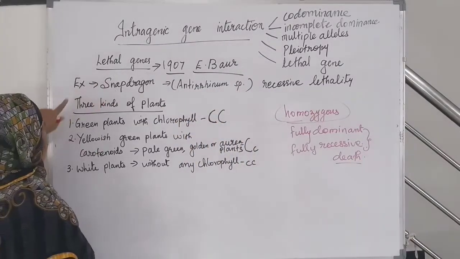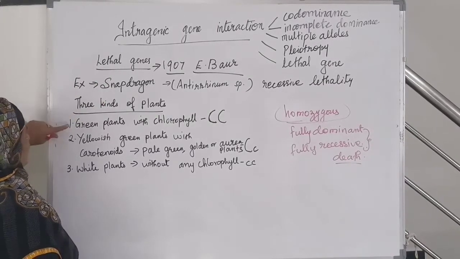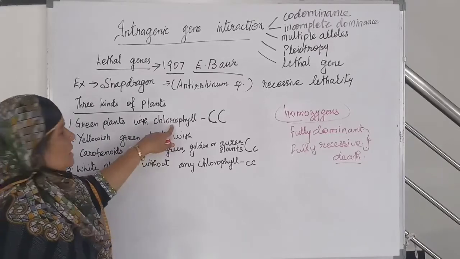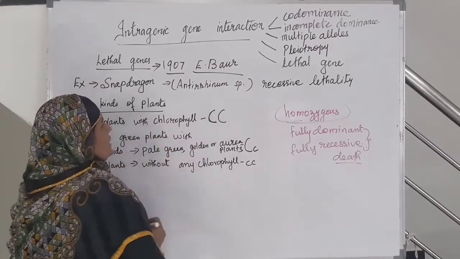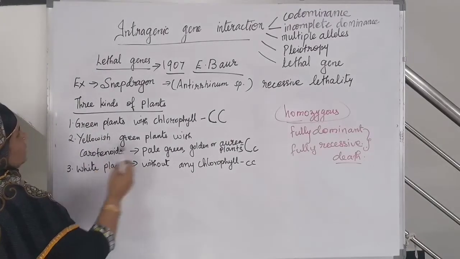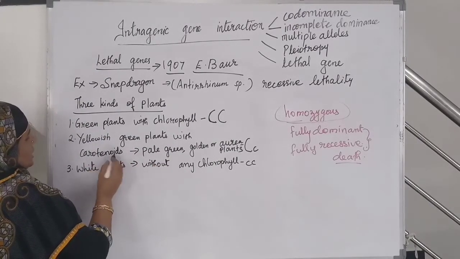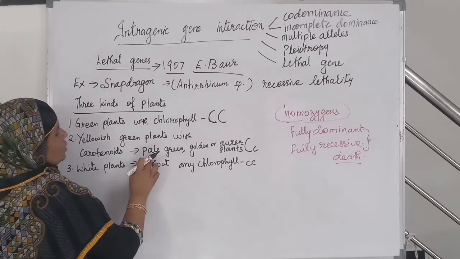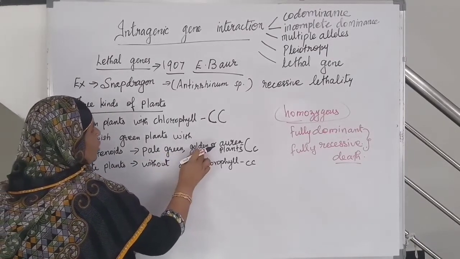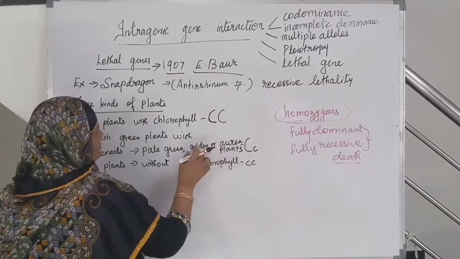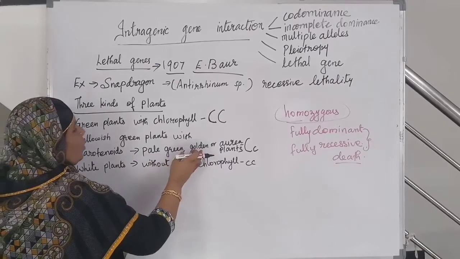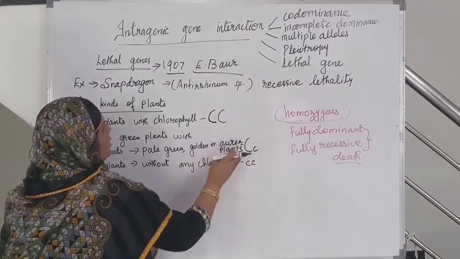In snapdragon, 3 kinds of plants are produced. One is green plants with chlorophyll. The genotype is indicated as capital C. Then yellowish green plants with carotenoids, the pigment. It produces pale green or golden color, called Aria plants.